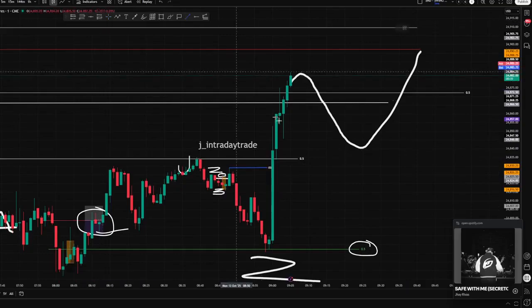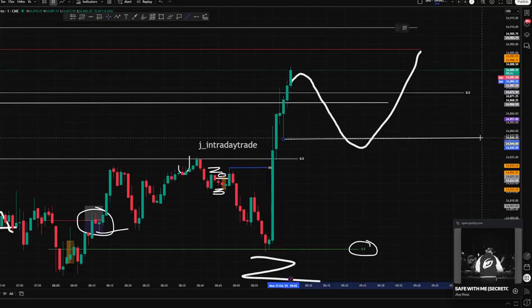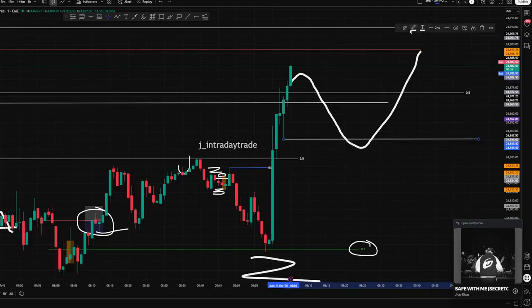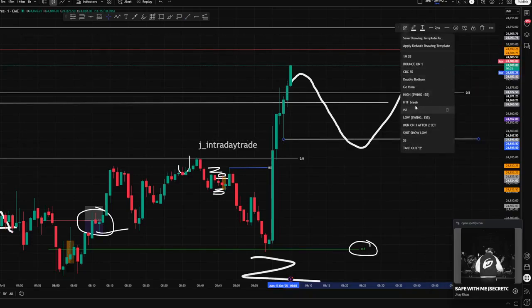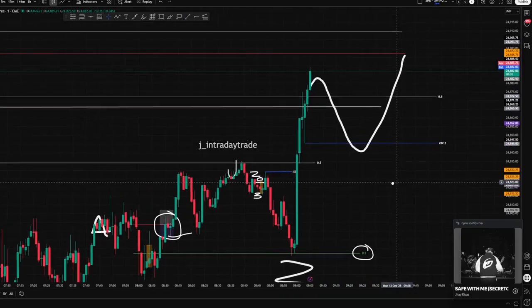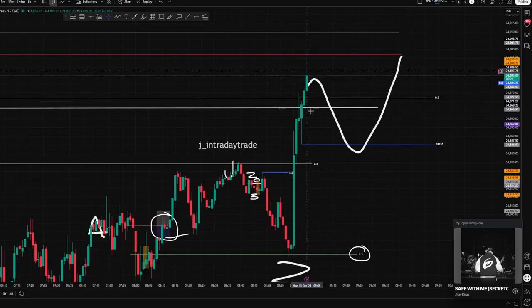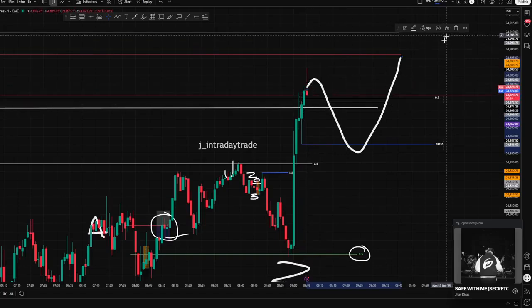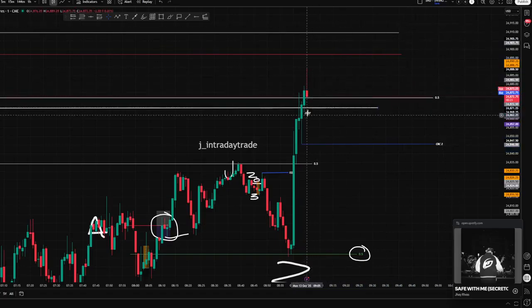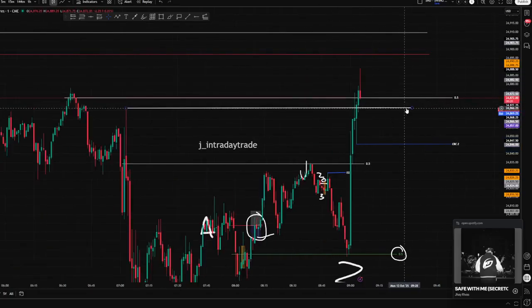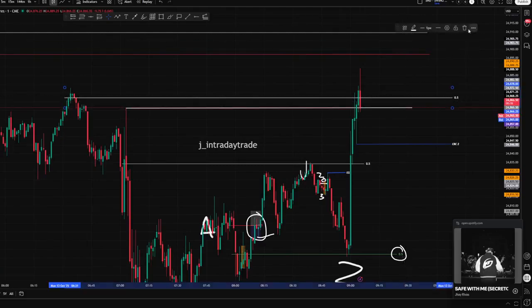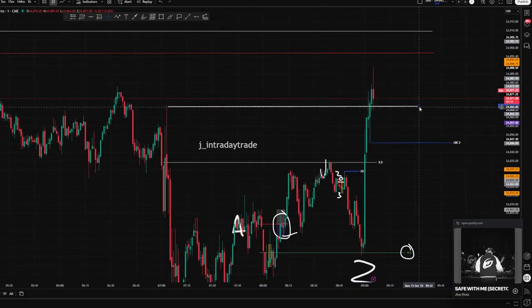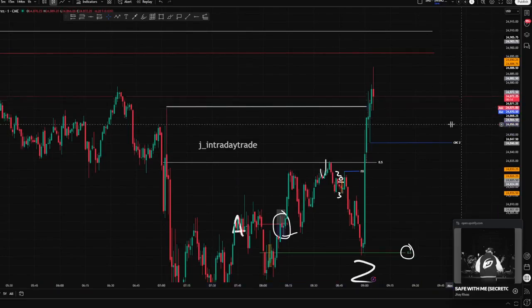I want you anyways to note this low out as just a white line, or actually just note it out as a CBC2. Because I believe it's actually not doing this thing right here. If it does, it's just cleaner, but I don't think it's going to. I think it's going to stop around here, just pump higher. Get rid of that. Clean up the chart a bit.